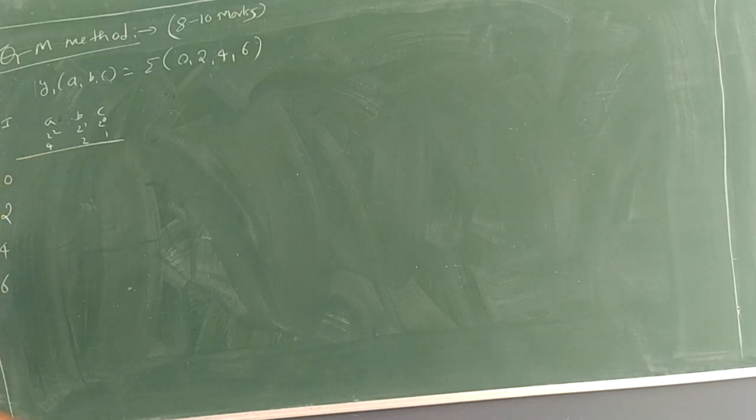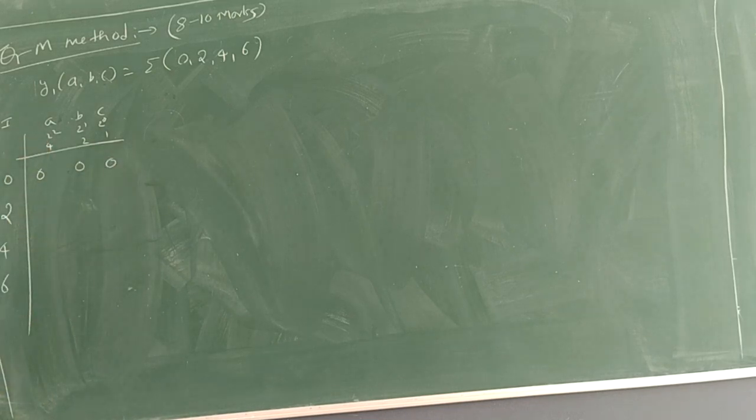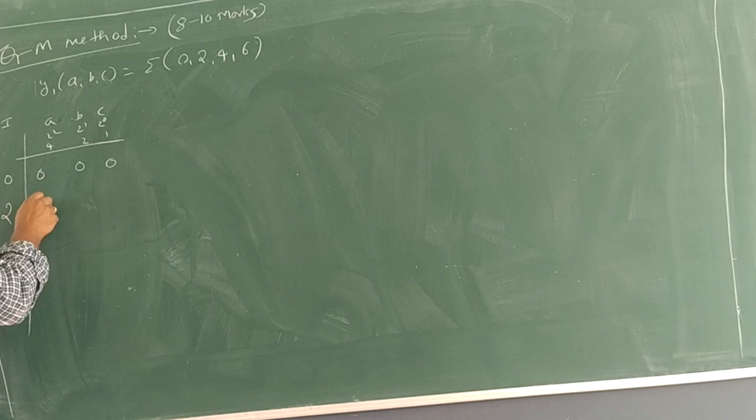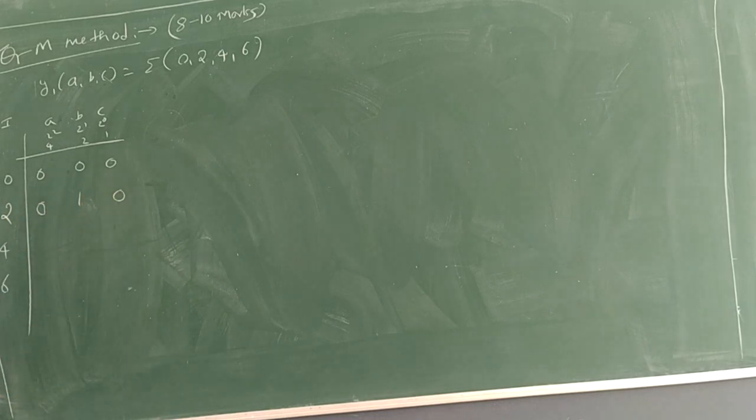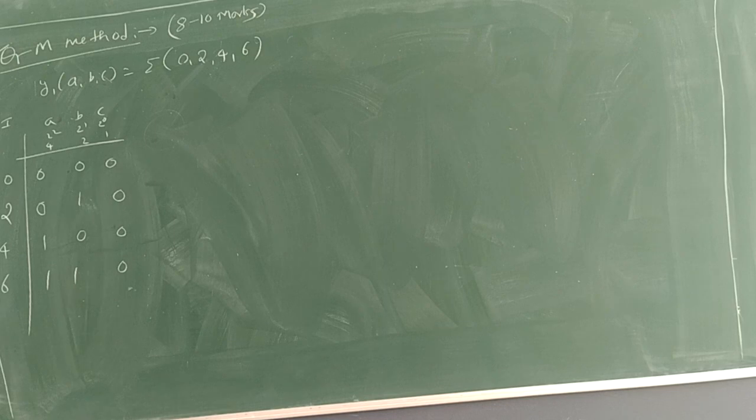Now write down the representation. 0 means 000, 2 means 010, 4 means 100, and 6 means 110.